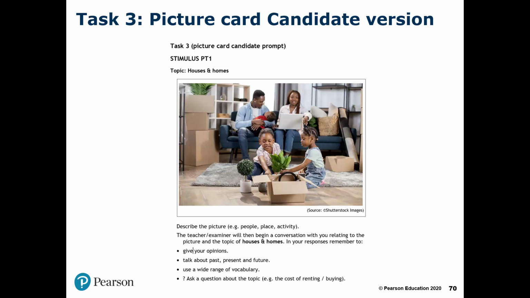The 2 little girls are taking a plant from the box. The mother is using her laptop, and perhaps she is writing an email to her friend. Perhaps she is doing some online shopping. The father is talking to the baby. So we look for that people, place, activity in the description of the picture.